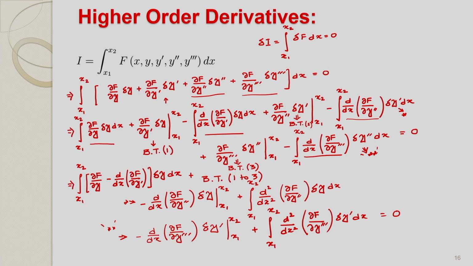Now this integral term is again with respect to the variation delta y. So we can combine this and this domain term.